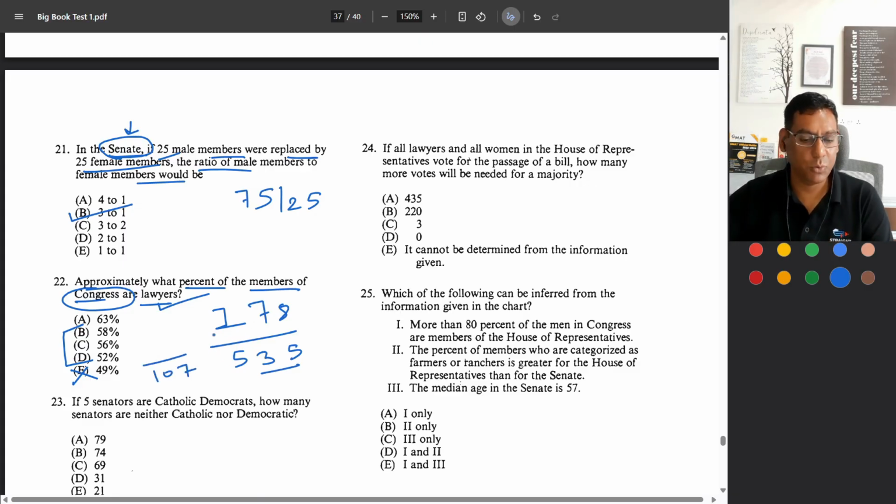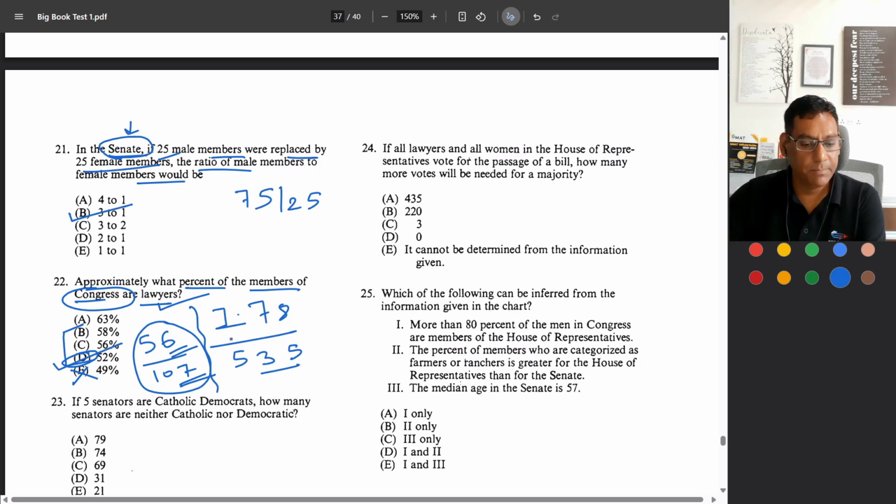I'm just trying to get it down to 100 so I can get it to some percentage form. 278 divided by 5 would be somewhere close to 56. 56 out of 107, right? That means if I were talking about base as 100, this number would have to be less than 56. So the only such number is 52. The answer has to be D.